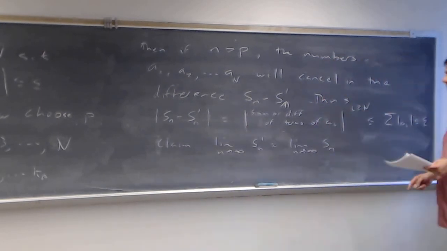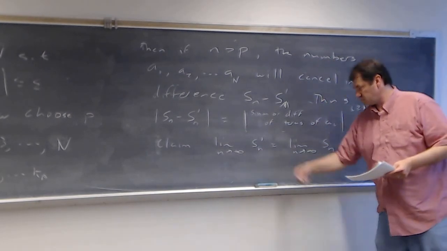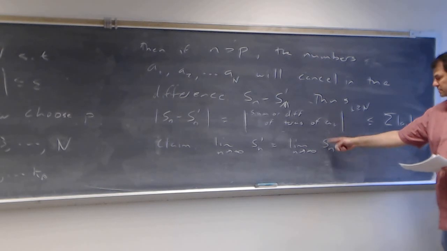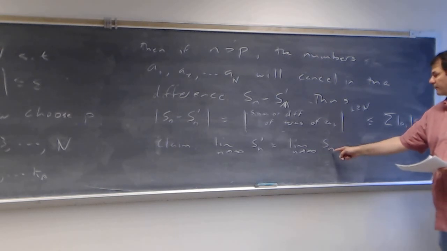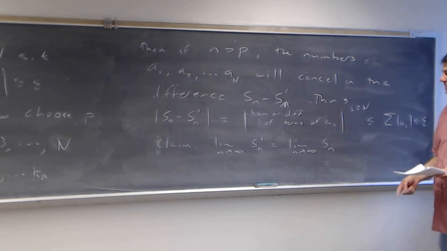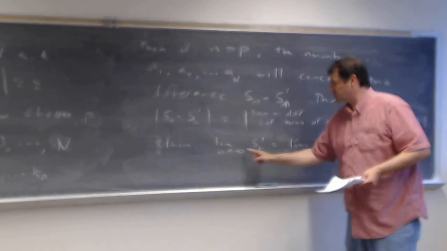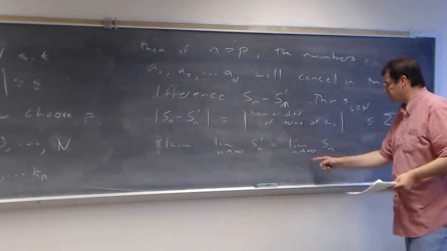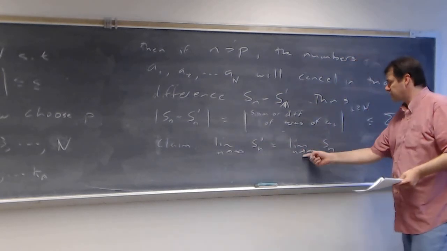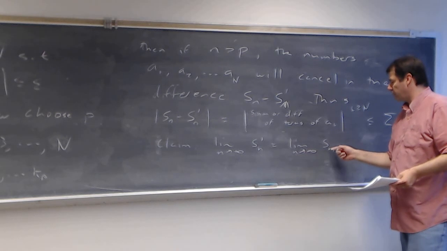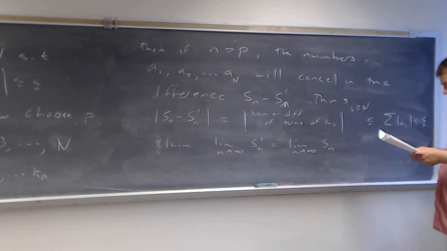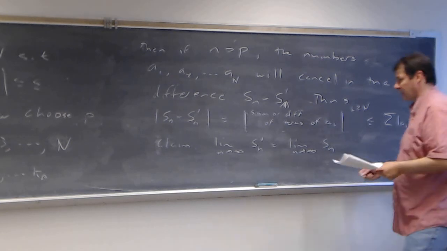So that's showing that the limit of the partial sums of the rearrangement is equal to the limit of the sequence of partial sums for the original series. So let me say it again. This is my claim that I showed: the limit of the sequence of partial sums for the rearrangement is equal to the limit of the sequence of partial sums for the original sequence. But we know that converges. So here's the proof of claim. We'll do it on the other side.